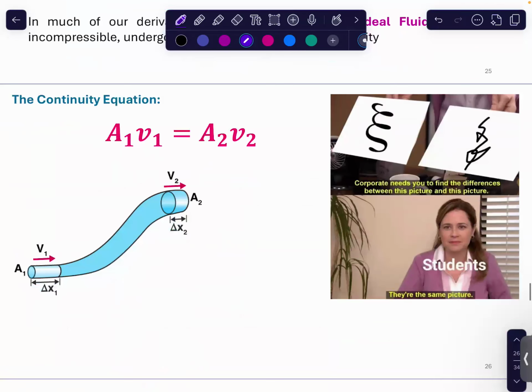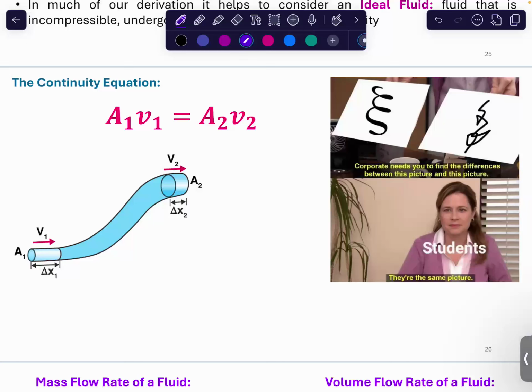Okay, the continuity equation. So first off, you can just go with A1 v1 equals A2 v2. What do you think those stand for? Not acceleration. Area. So now we're getting into a concept we call flux. You're looking at an amount of water flow through a surface area.